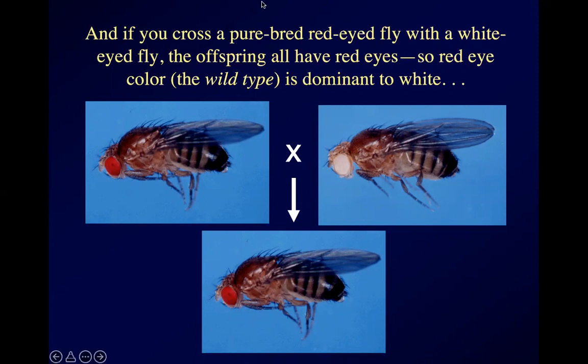By the way, we don't do this for all species, but in fruit flies, the traits that are by far the most typical in natural populations are called wild type. If you were to leave a bunch of bananas out in your kitchen for a little bit too long when the weather is nice and warm, you might well get fruit flies in your own kitchen, and those are all going to have red eyes.